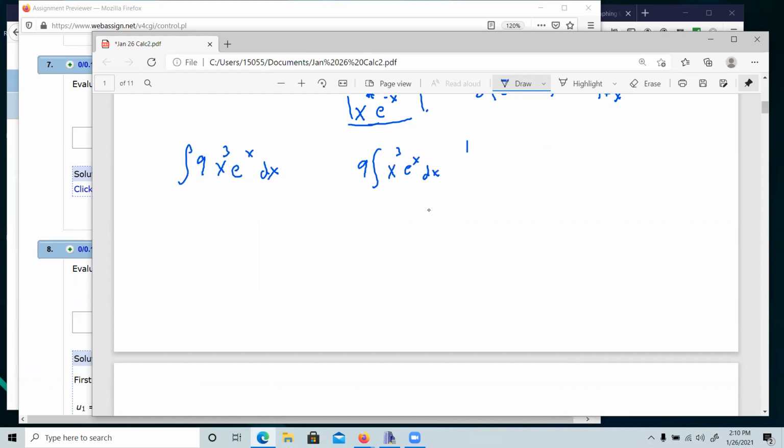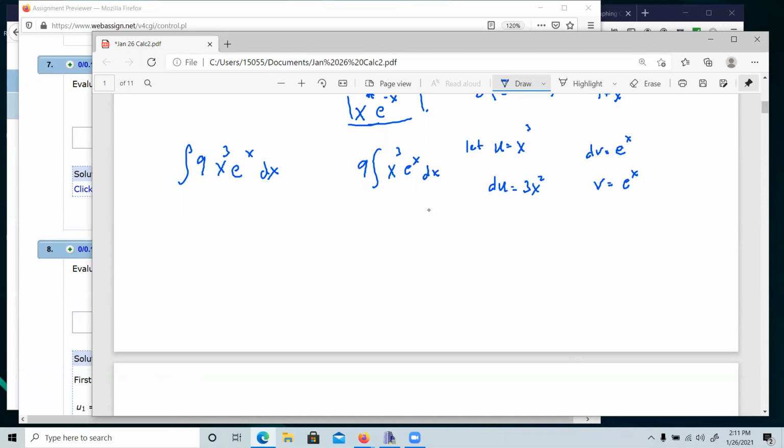All right, so let you pick which one you want, right? But the one you want to pick is going to get smaller, or the one that you can take the derivative of, right? The last problem, if I set dv to be the inverse cosine, well, there wouldn't be an integration by parts problem. We'd be done. Okay, so dv is just going to be e to the x. u is going to be x cubed, right? And then du is 3x squared, and v is just e to the x.